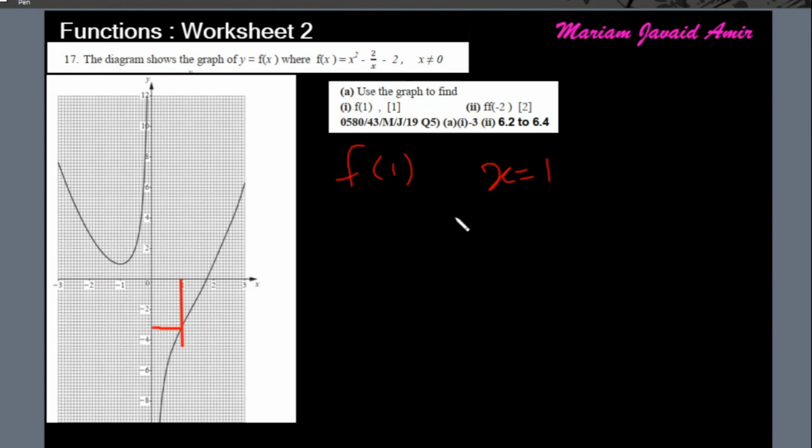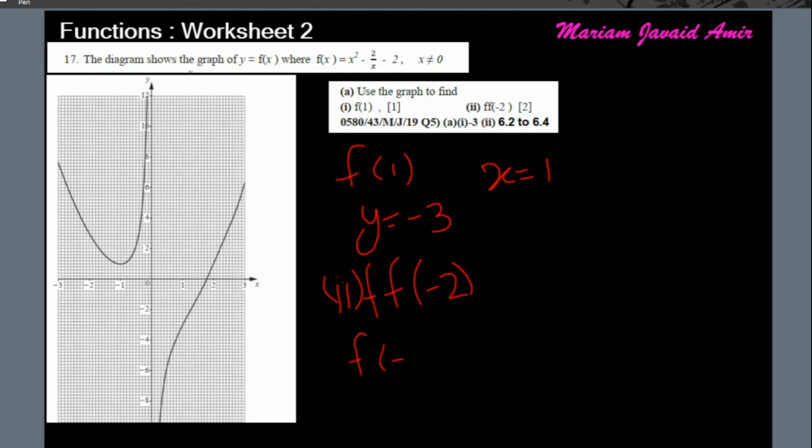Alright, next is find f(f(minus 2)). Let's find f(minus 2) first using the graph. Here x equals minus 2. When x is minus 2, read the corresponding value of y, whatever that is.